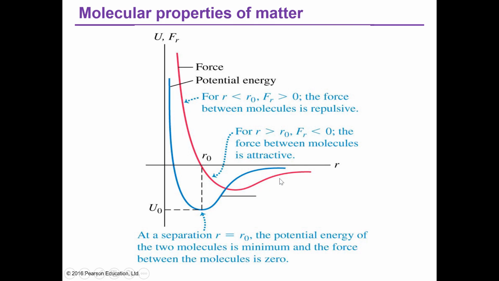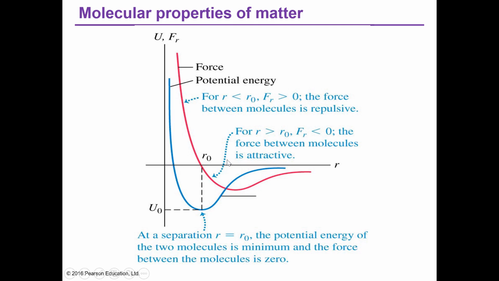For this red one, notice when your separation distance r is less than this r naught, take note this r naught is at this point, the force is positive. It means that the force between molecules is repulsive. So at this region, when the separation distance is less than r naught, the force between molecules is repulsive.